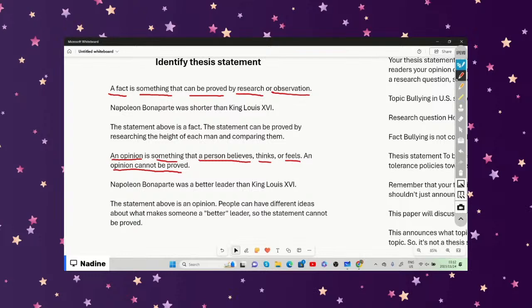So basically, if we look at the sentence, it says Napoleon Bonaparte was a better leader than King Louis.